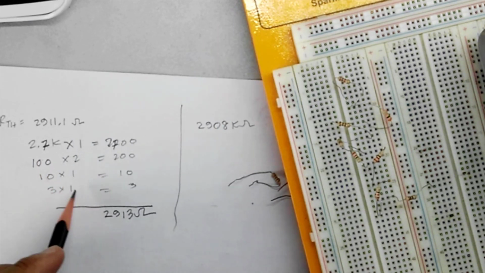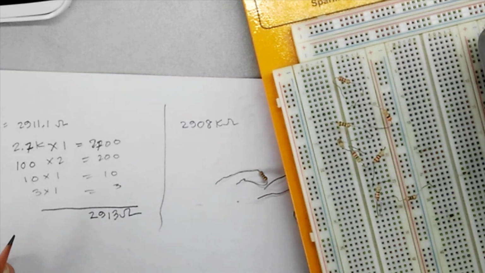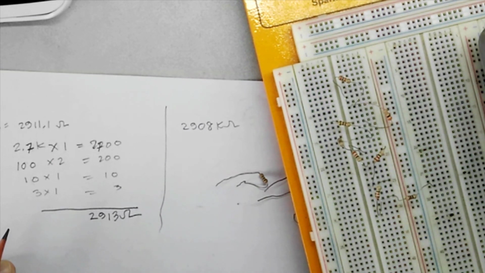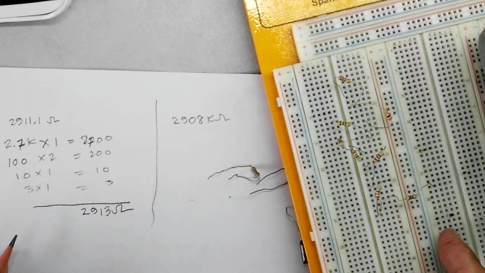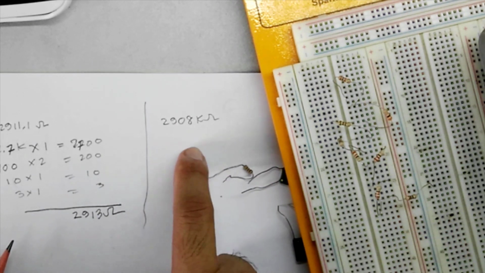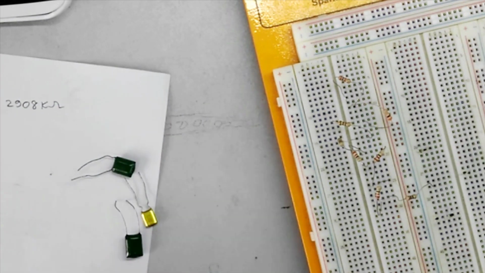Although we calculated this approximation, due to the tolerance or error in the practical value, we used a separate set of resistances, but in combination we got this. Now let's go for the capacitance.